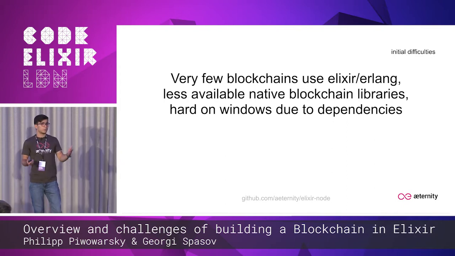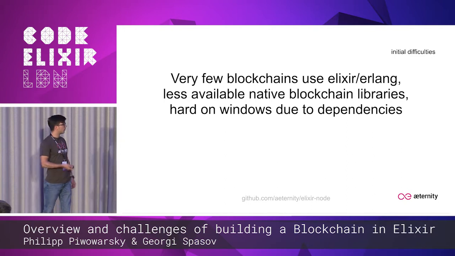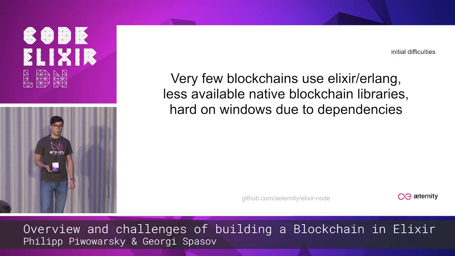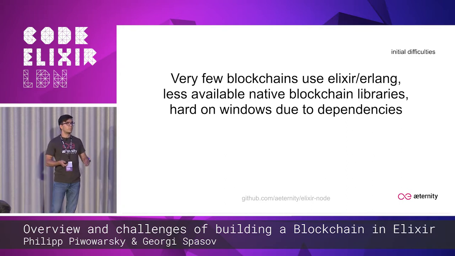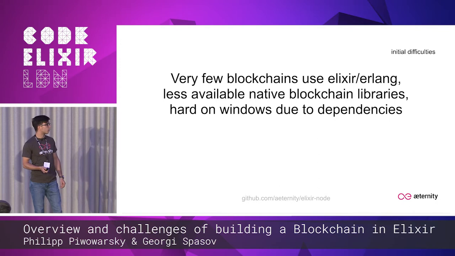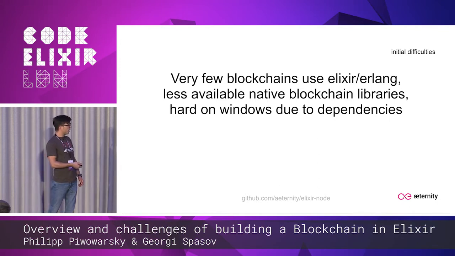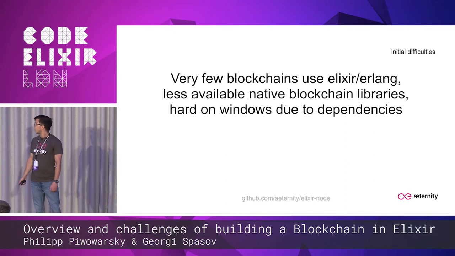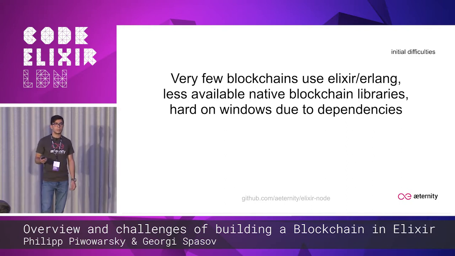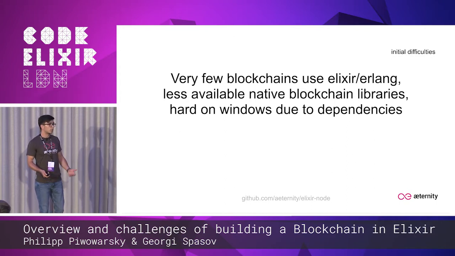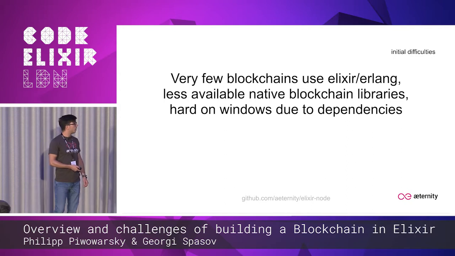We were actually pioneers in doing this in Elixir, and there were even fewer native blockchain libraries, because for a blockchain implementation you have to write a lot of binaries or blockchain-specific things, and there weren't many libraries to use. Additionally, it's hard on Windows due to some of the dependencies we use, but mainly we work on Linux, so that's fine for us.